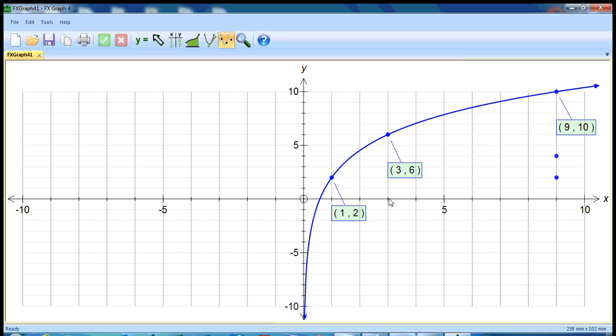When we go across to 3, we have an exact integer value of 6, and when we go across to 9, we have an exact integer value of 10. This is starting to suggest to me that this is log base 3, because we get integer values at 3 and again at 9.